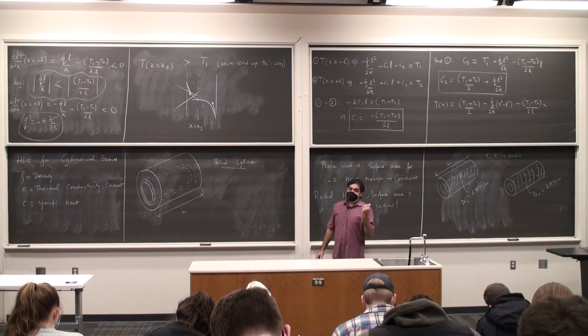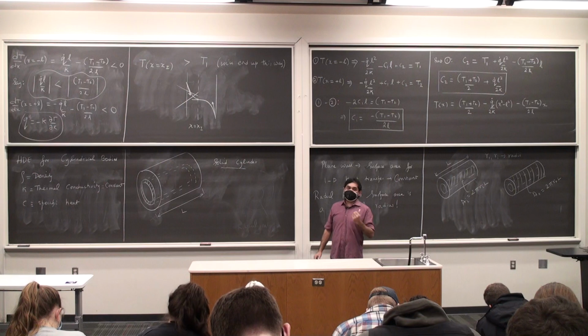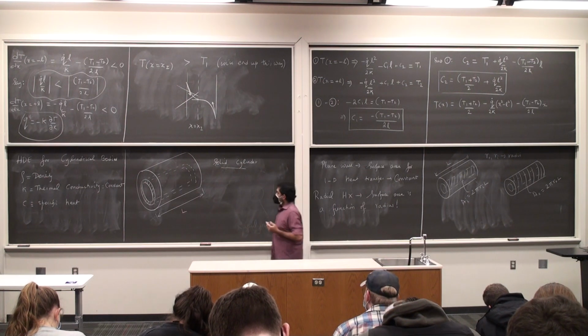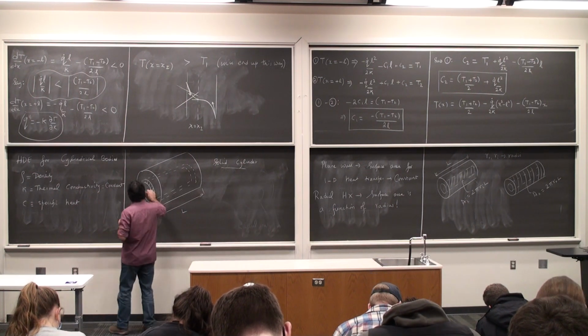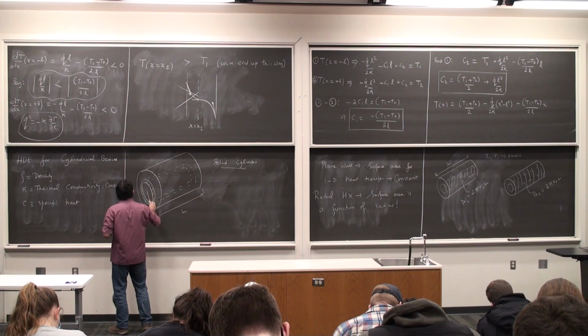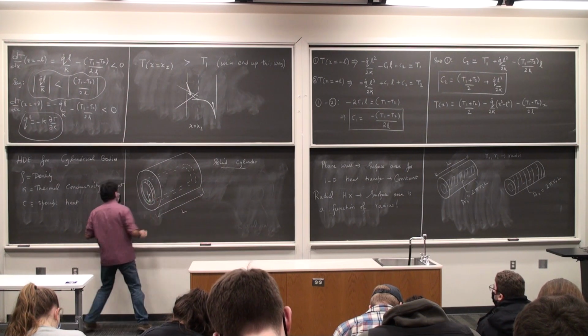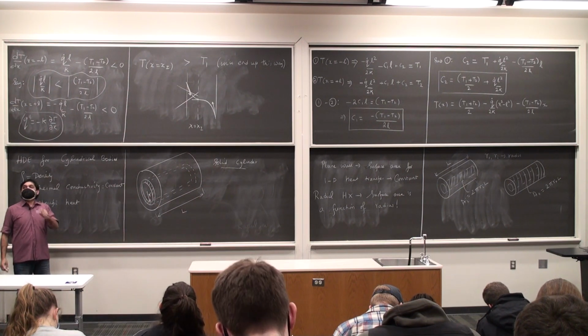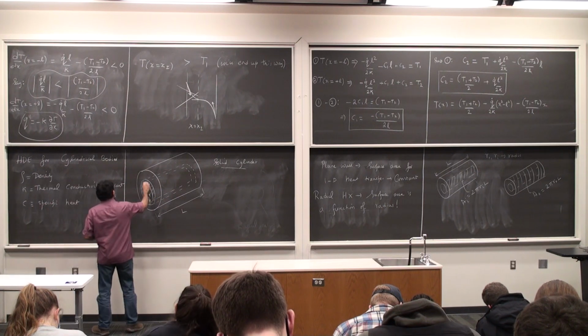I'm going to take it out and draw the direction of conductive heat flux. At some radius r, the thickness of this element is dr or delta r. For the time being it is delta r.